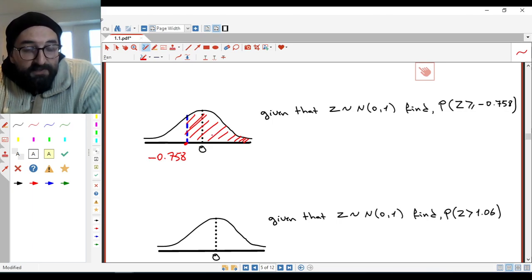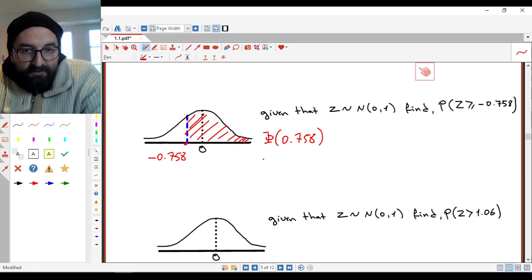This area is the big area, and I also have to find positive 0.758, because please remember that the normal curve is symmetrical.